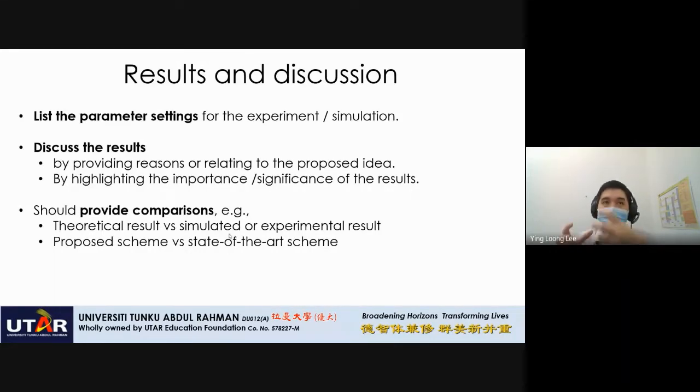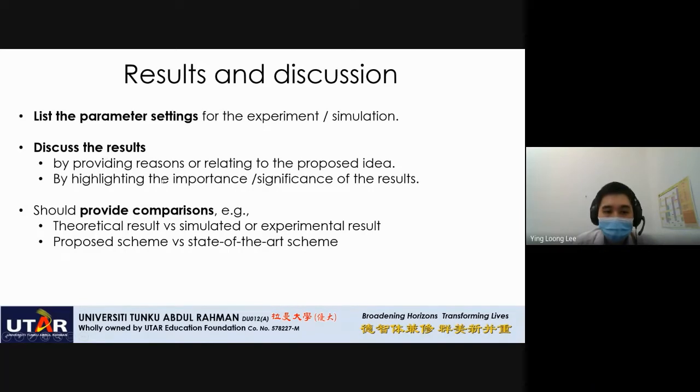So you try to link to the novelty or the novel idea that you come up with in your paper to explain why your proposed technique is better. Okay, so that will be helpful. That will prove that your key idea is working, is truly important, truly novel.